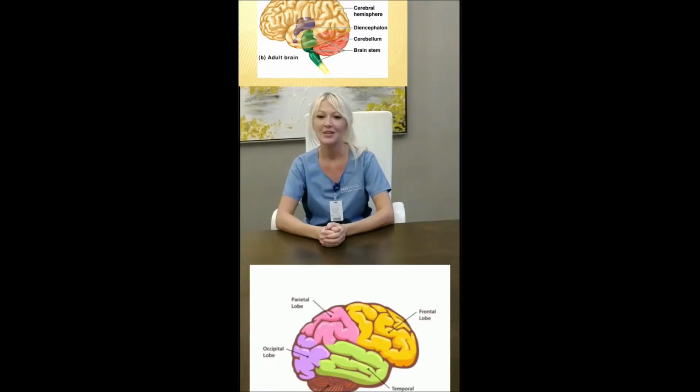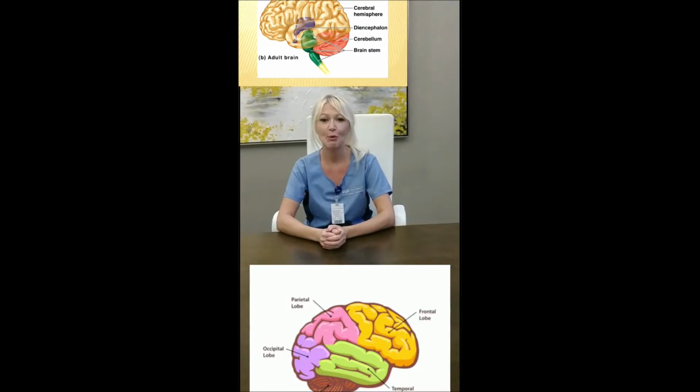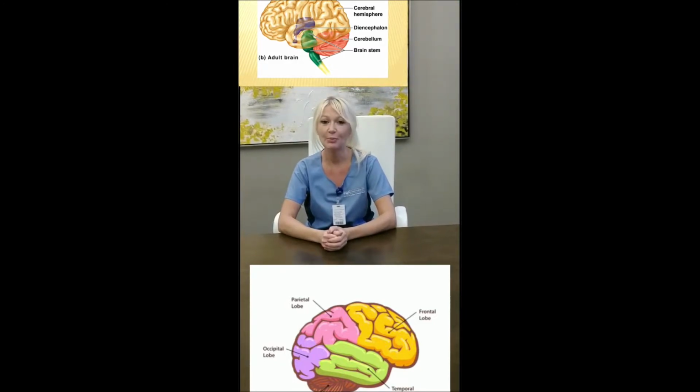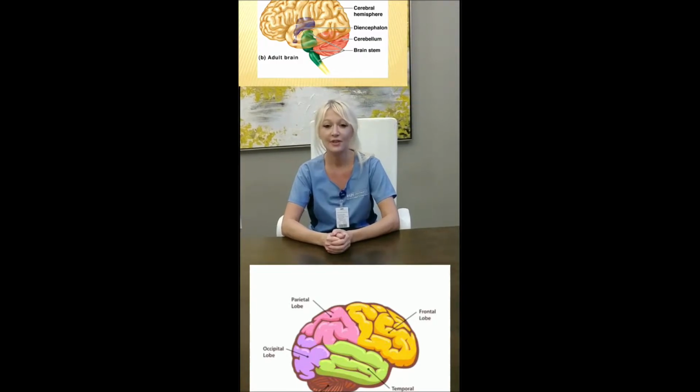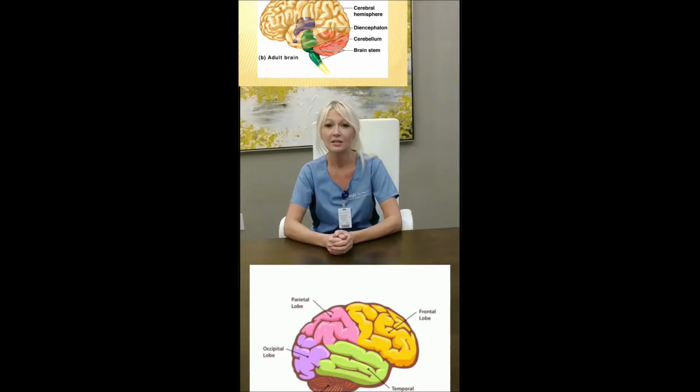The forebrain is broken down into two more regions, the cerebrum and the diencephalon. The cerebrum is the largest part of the brain. It's divided through the middle by the longitudinal fissure into the left and right hemisphere, each of which is further divided into four lobes: frontal, parietal, temporal, and occipital.